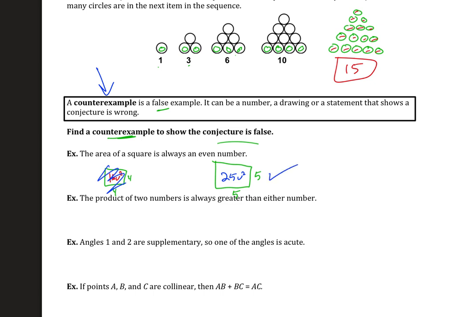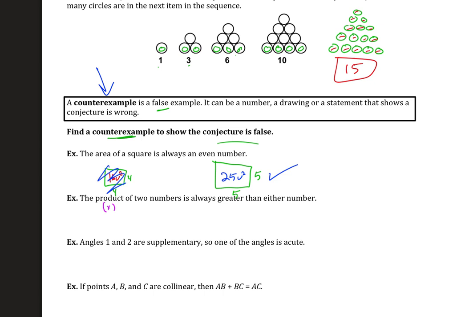All right, the next one. The product, so multiplication, of 2 numbers is always greater than even numbers. Well, for the most part, that is true, right? Like if I do 3 times 5, that product, 15, is bigger than either of the numbers. So if I think of just typical integers, let me think about that.